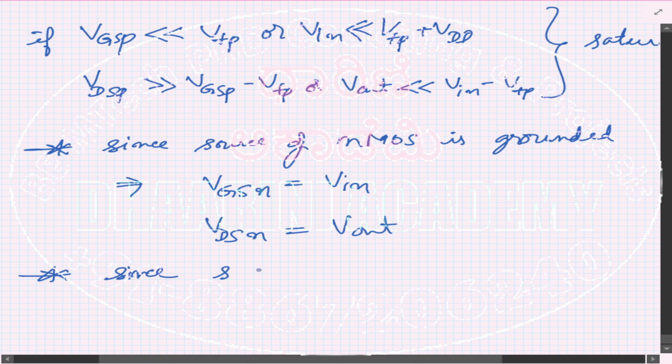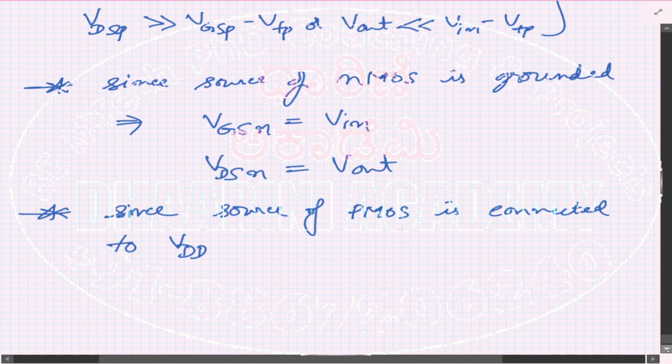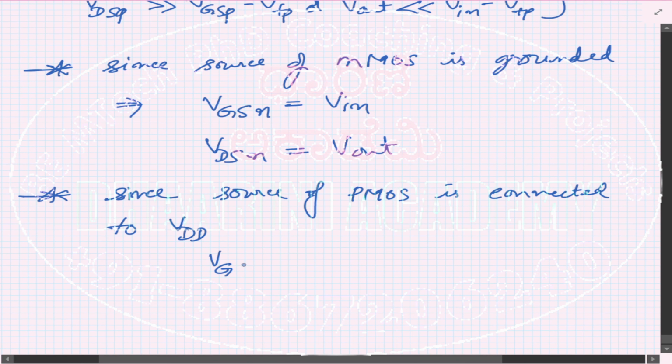Since the source of the PMOS is connected to the supply voltage denoted by VDD, this means the voltage drop across the gate to source of the PMOSFET, VGS of the PMOSFET, is equal to V in minus VDD. And the VDS of the PMOSFET, which is related to the output, is V out minus VDD.